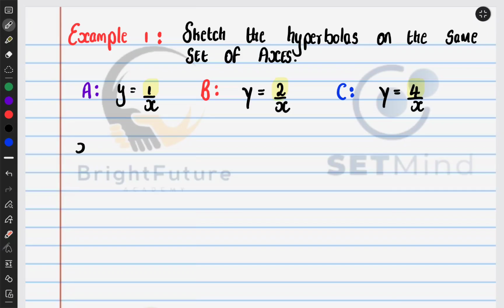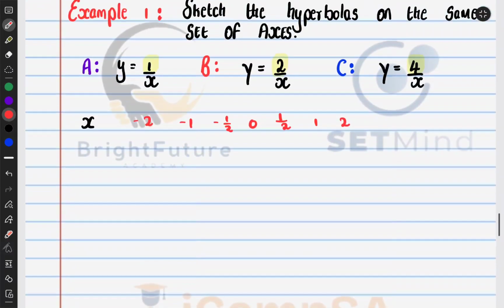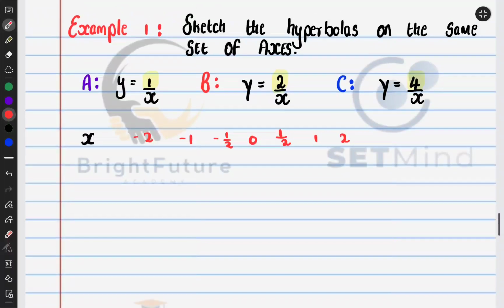We'll select just a few x values: 2, -2, -1, -1/2, 0, 1/2, 1, and 2. Let's find the corresponding values for all of these functions before we start sketching.